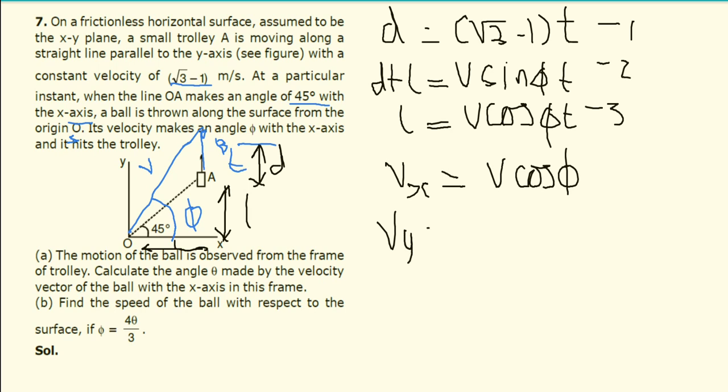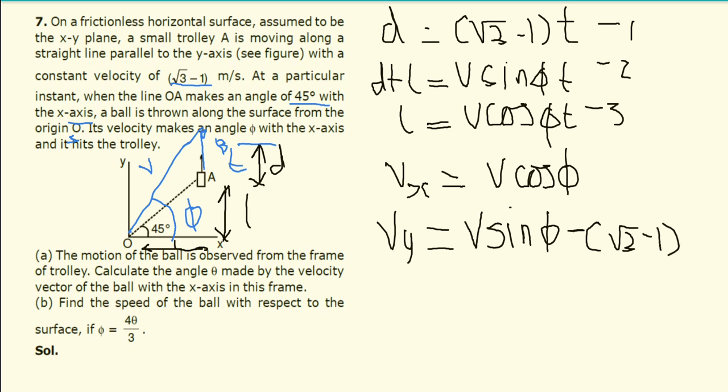The relative velocity along the y-axis will be the velocity of the ball, v sin phi, minus the velocity with which the trolley is moving. The trolley is moving with a velocity of √3 minus 1.